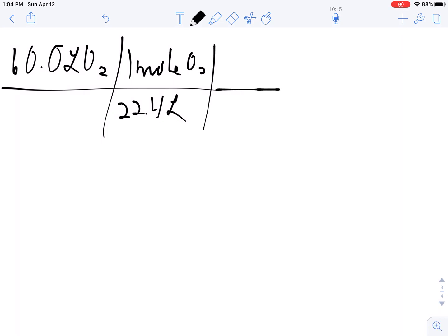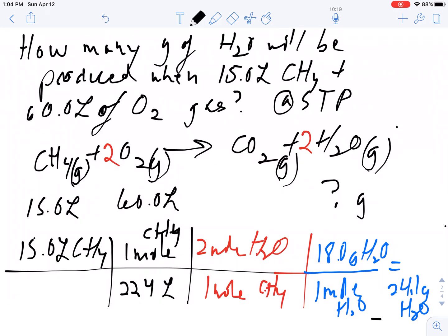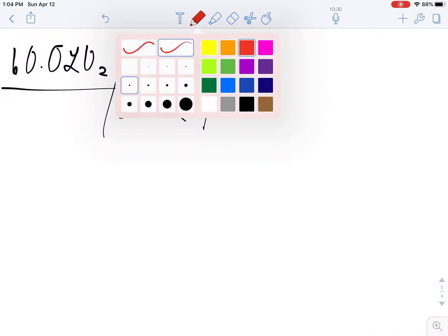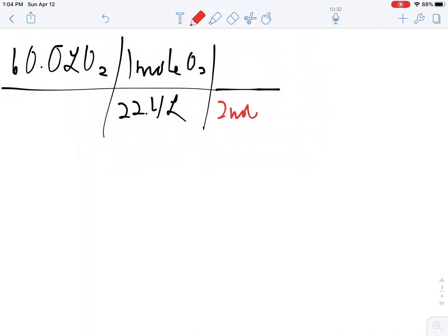Second step is to use the mole ratio. And the ratio here is 2 to 2. Okay? So for every 2 moles of oxygen, I will get 2 moles of water.